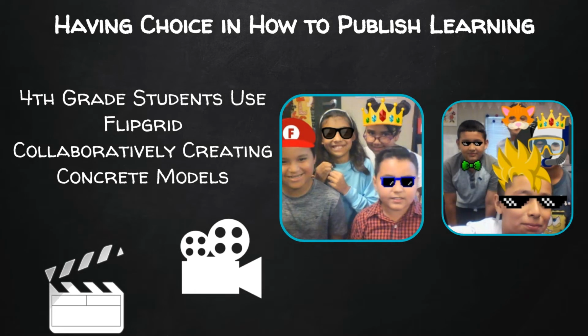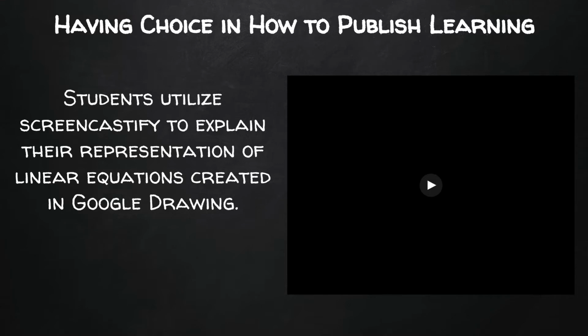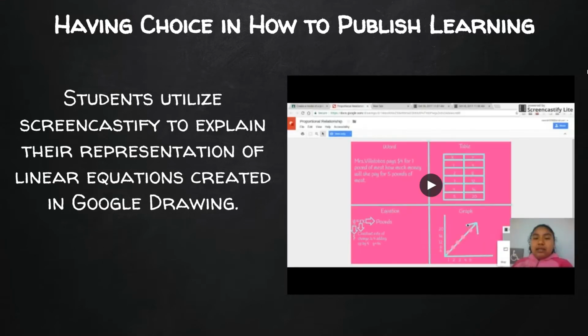These kids are using Flipgrid to explain their concrete understanding of multiplication. So here they're given a problem and they're using counters to explain that it's equal groups. So just like you guys are using Flipgrid to communicate with one another, these fourth graders are using Flipgrid to communicate their thinking. Here, a student is using Screencastify, and she has explained this linear function in multiple ways.